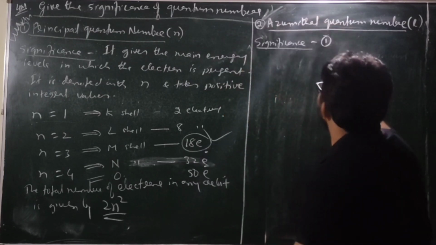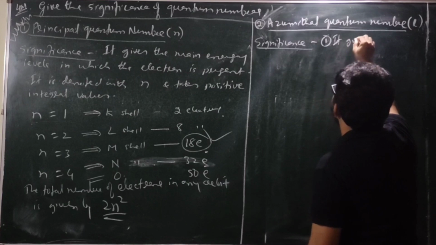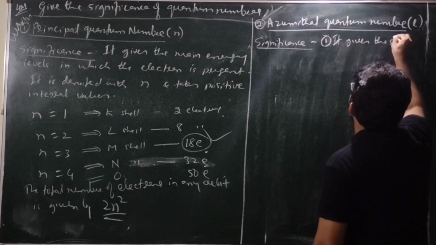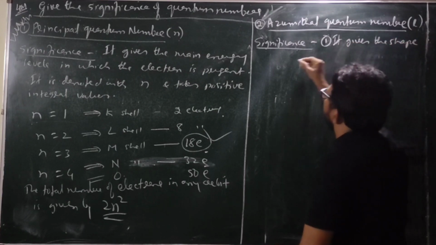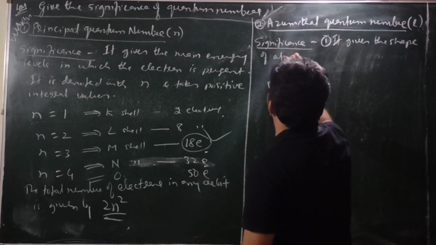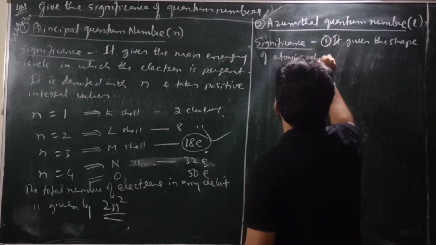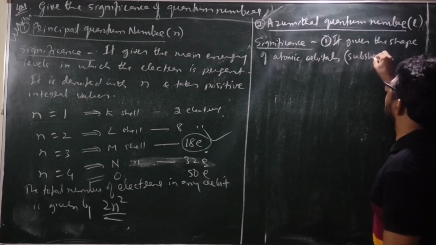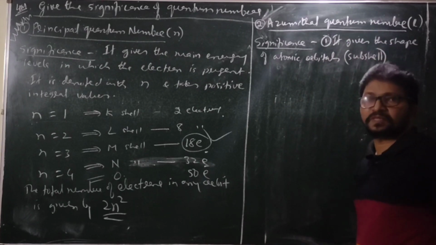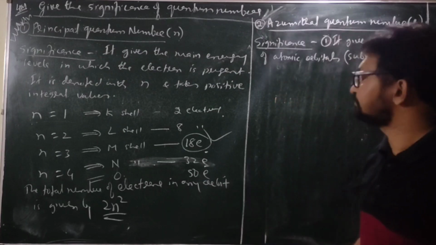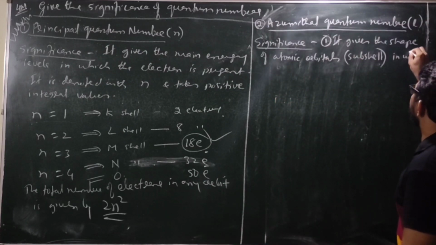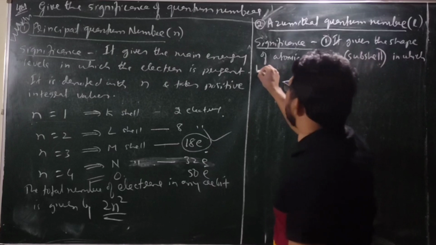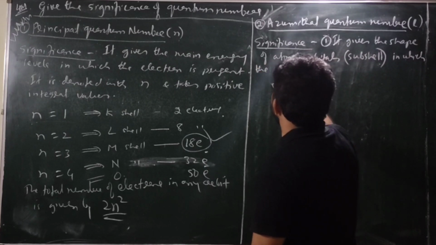One, it gives the shape of atomic orbitals, or you can say the subshell in which the electron is present.